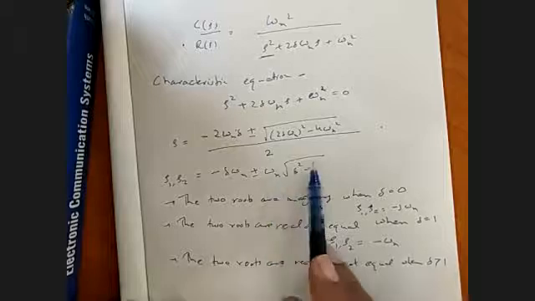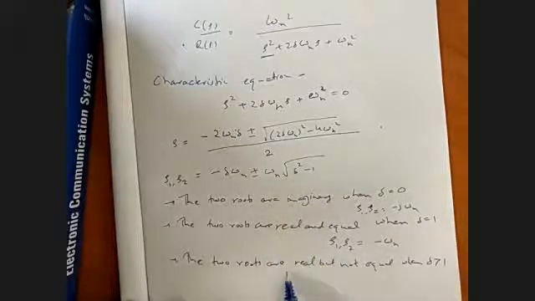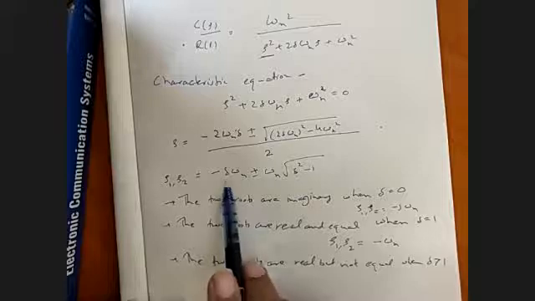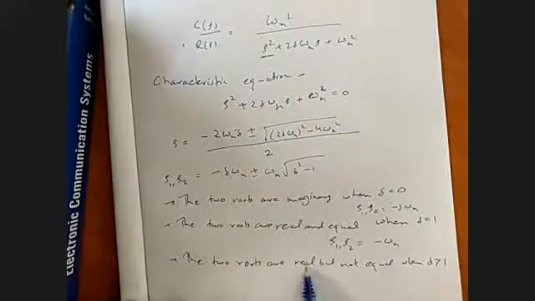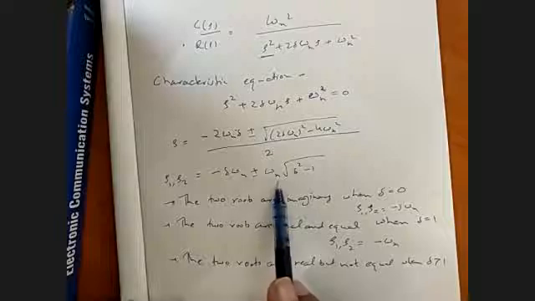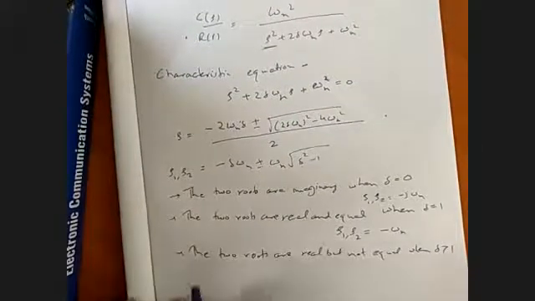When we take the under root, it will always be a positive term. So the roots will be real, because this is a real part and this is also a real part. The two roots will be real, but because of plus minus, they will not be equal when delta is greater than 1.